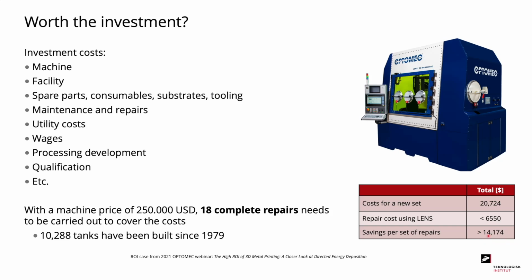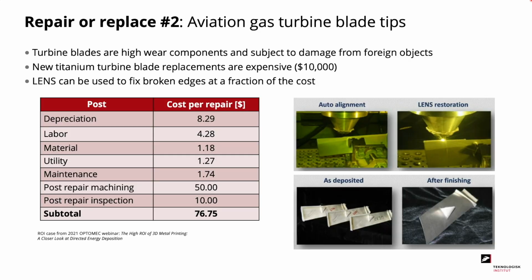So, if we compare it to a machine price of $250,000 we would need to perform 18 complete repairs to cover the costs of the system itself. Now, more than 10,000 tanks have been built since 1979, and we could assume that a significant amount of these would need repairs.